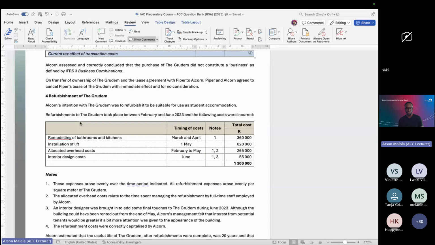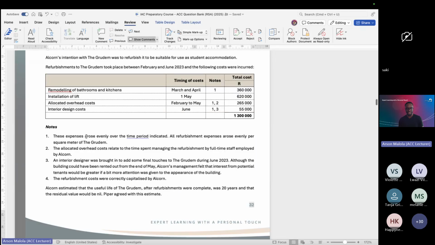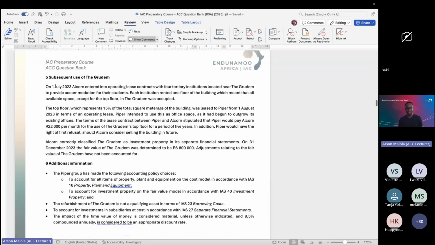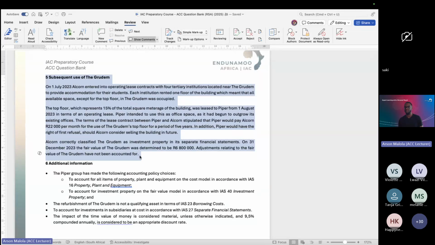The piece that we're not going to have a chance to talk about, unfortunately, in this particular session is the section regarding the subsequent use of the gradient.